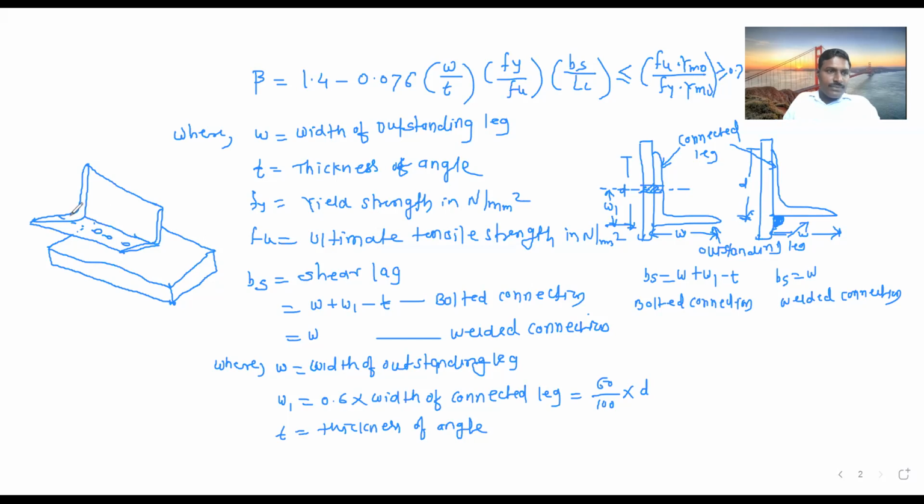Now, it means what? So this distance is W1. Are you getting? This is W1 and this is W.